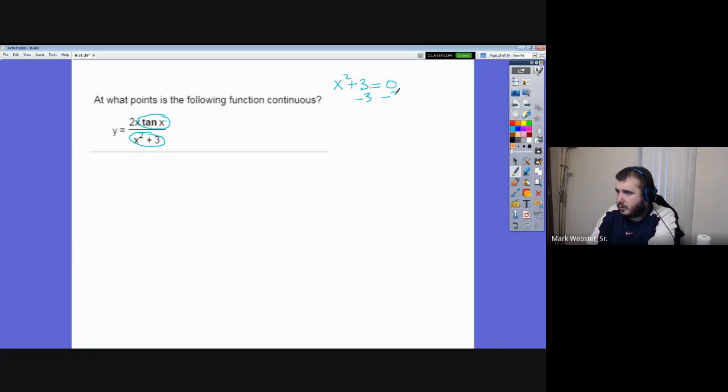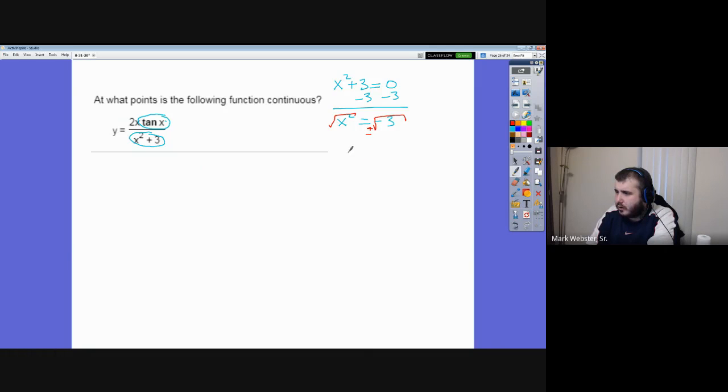Subtract 3. And then we're going to square root both sides, so we're going to have plus or minus. And I take the square root of a negative number. Am I allowed to do that? Not if we're working in the real numbers, right?